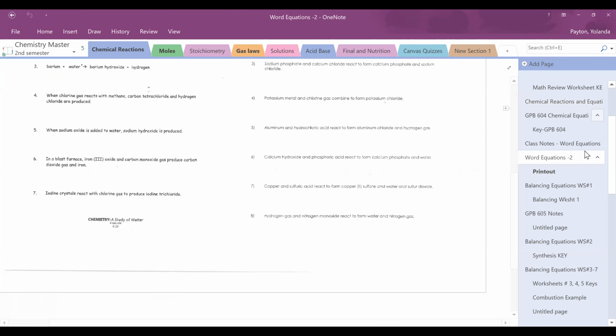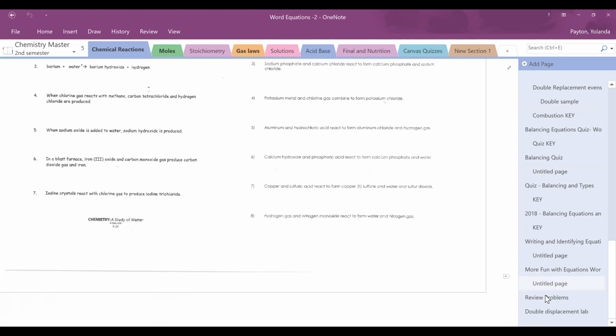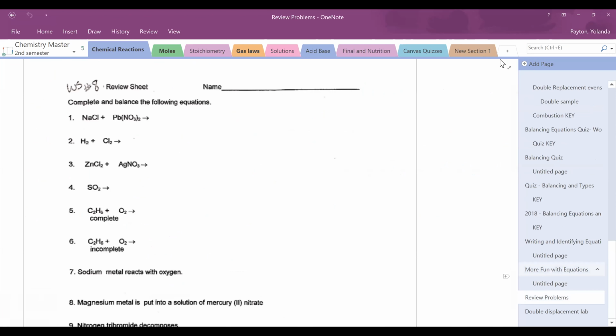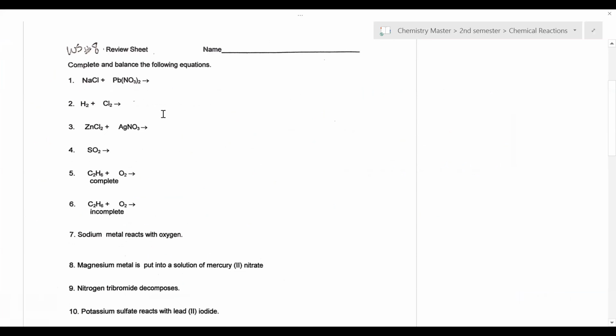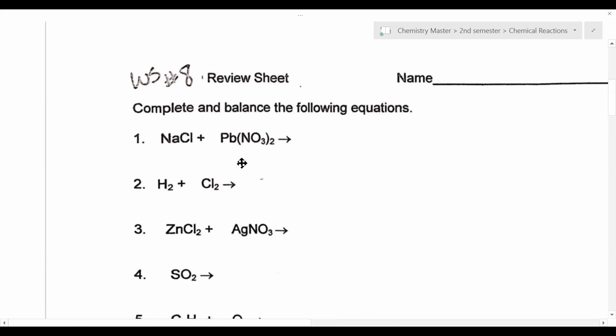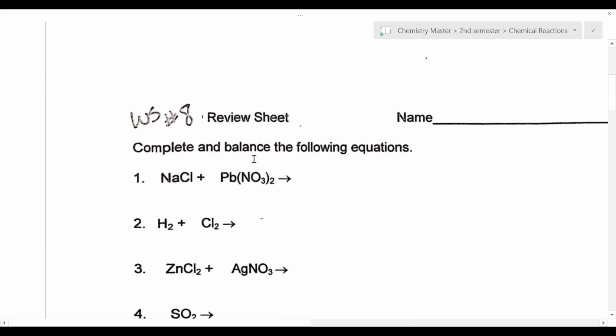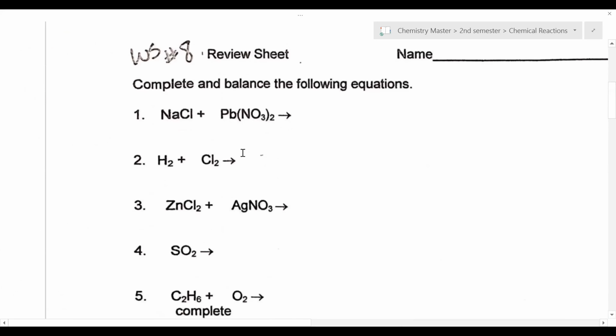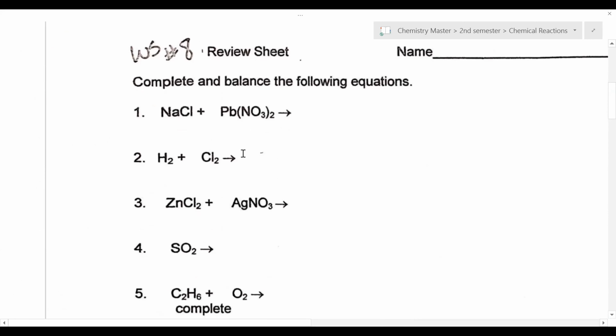All right, so for example, let's look at number 1. This is how you should be able to figure out something.